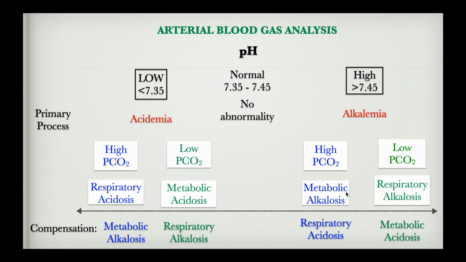Likewise, if we have metabolic alkalosis, the opposite of metabolic is respiratory, and since the opposite of alkalosis is acidosis, we are going to have respiratory acidosis. Finally, if we have respiratory alkalosis, the compensation is going to be metabolic acidosis. So these are the various forms of compensation that we have.